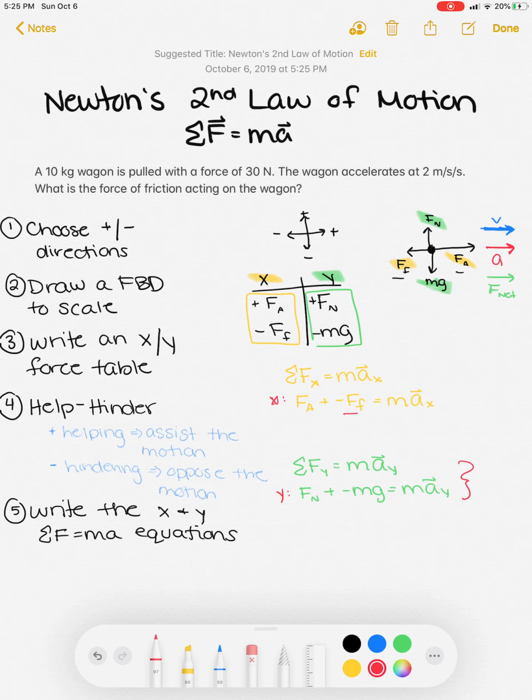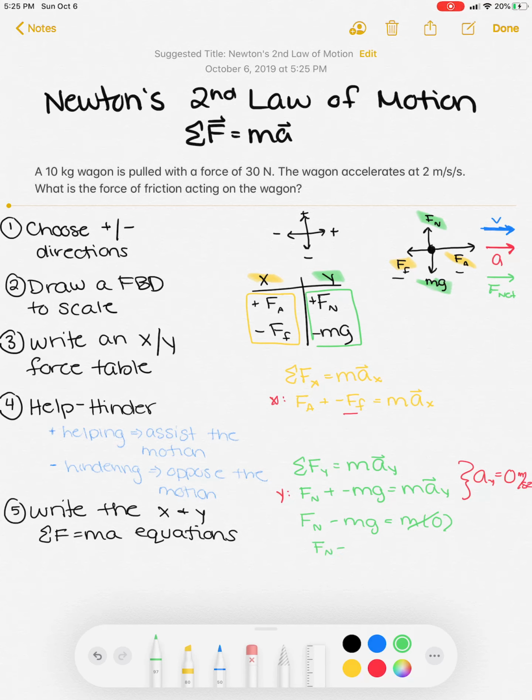Actually, let's talk about this y equation. We know that my wagon is not moving up or down. It is strictly moving side to side. Therefore, we know that the acceleration in that y direction is actually 0 meters per second squared. So if I was to simplify this equation down a little bit, Fn minus mg is equal to the mass times 0, which cancels that whole side out.